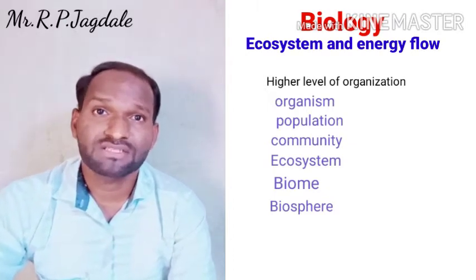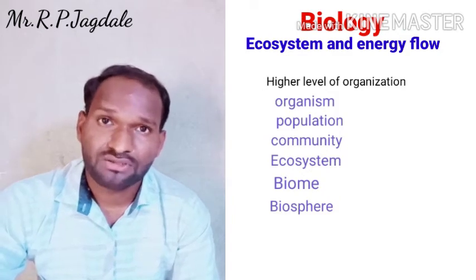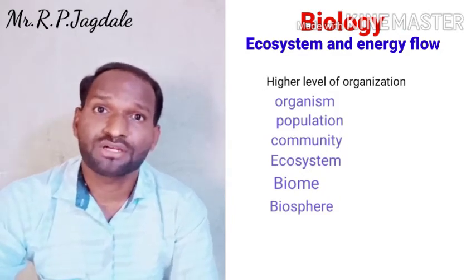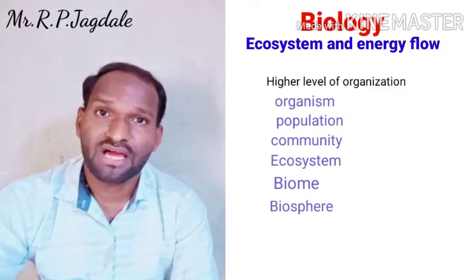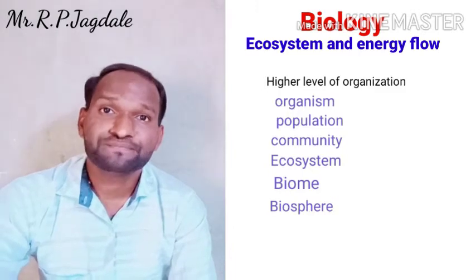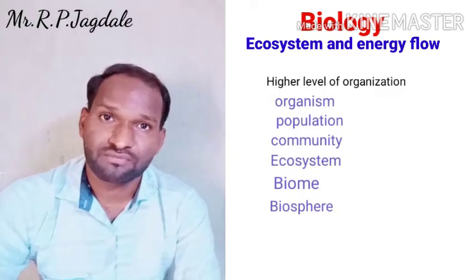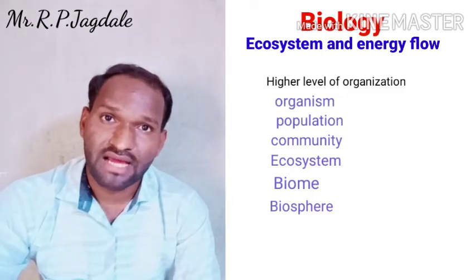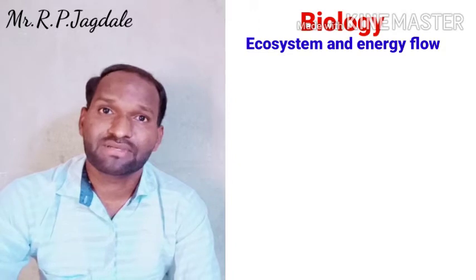So three points were covered in the previous chapter. In this chapter we are going to see the ecosystem, which is the fourth part of that higher level of organization, and within that, the ecosystem and energy flow of that ecosystem. That's how the topic is introduced in your syllabus.